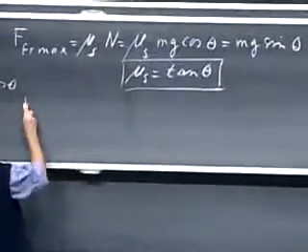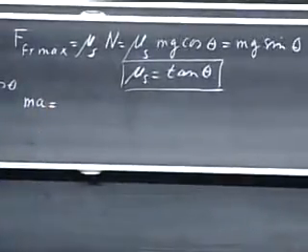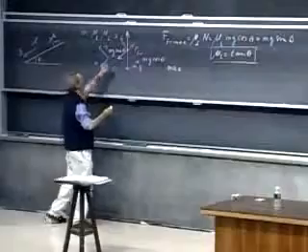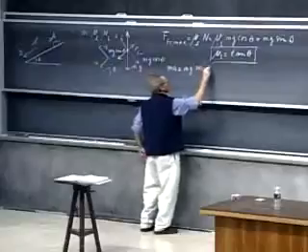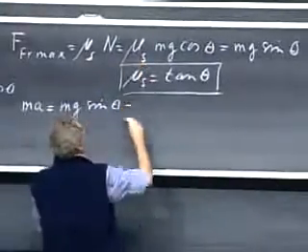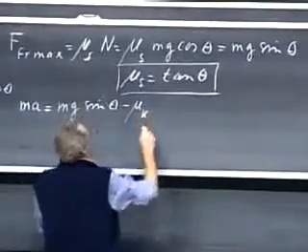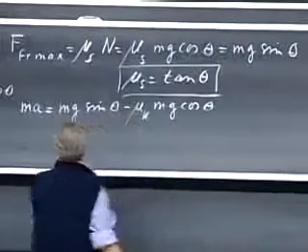And so I can write down now Newton's second law: ma, the net force in the positive x direction, would be equal to mg times the sine of theta minus the frictional force, but now this becomes mu k mg cosine theta.